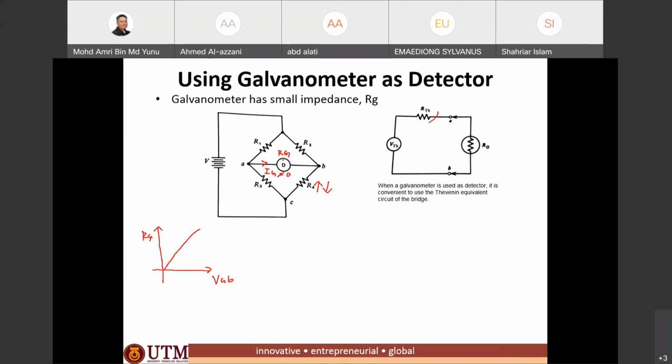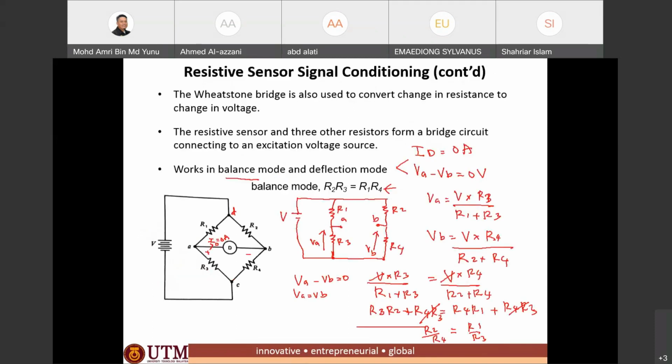So when we use a galvanometer as a detector, to find the voltage between A and B we cannot use this relationship.